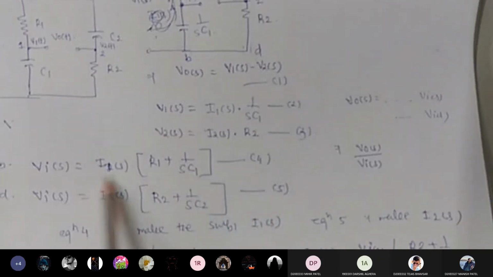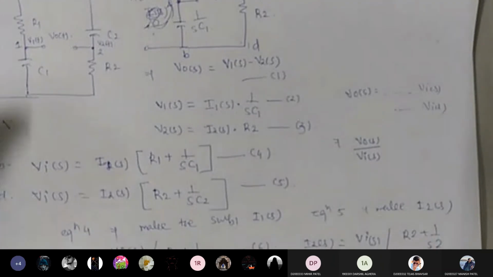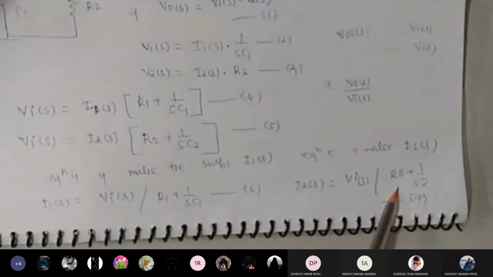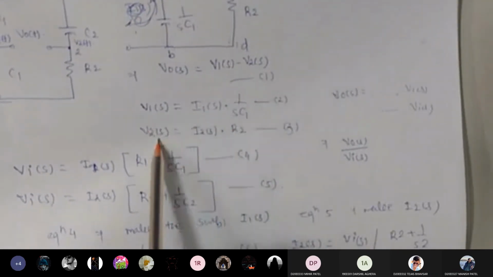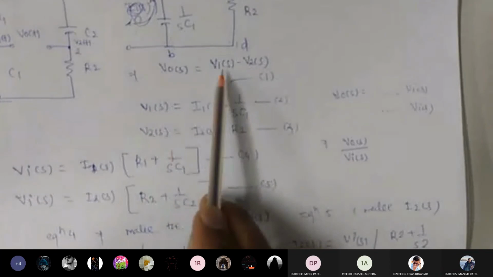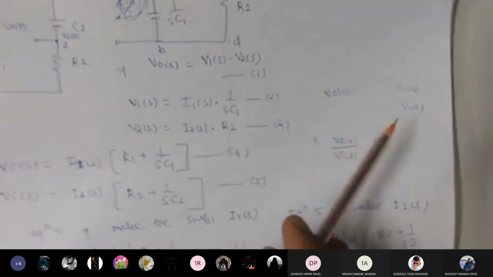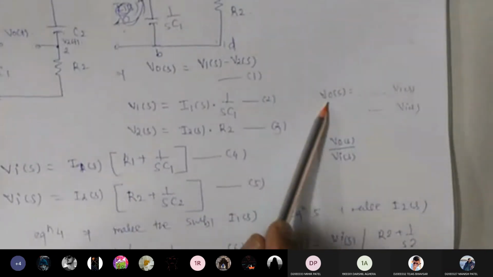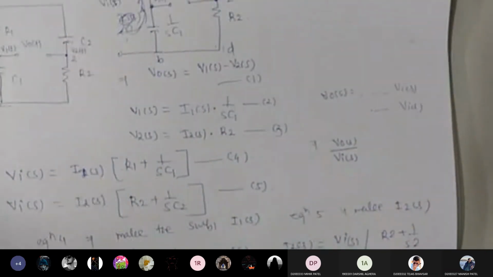I will take I1S as a subject, and I will take this as a subject. I got equations in both. These two, equation number 6 and 7, I will put in my equation number 2 and 3. I will put it in both, so I get the values of V1 and V2. The final answer that comes, I will put in equation number 1. Okay, so your final answer will have terms of V output of S and V input of S only.